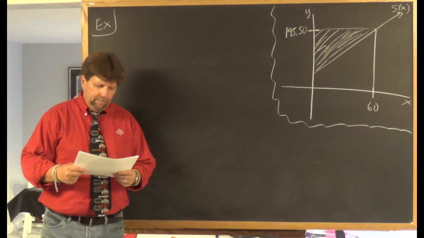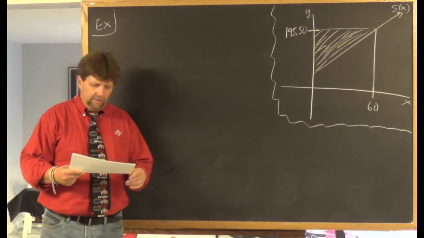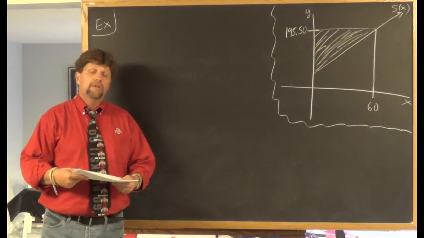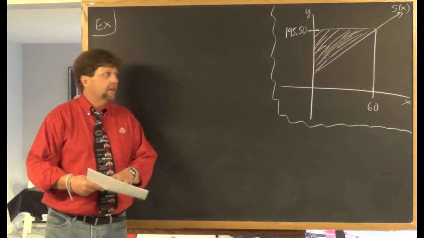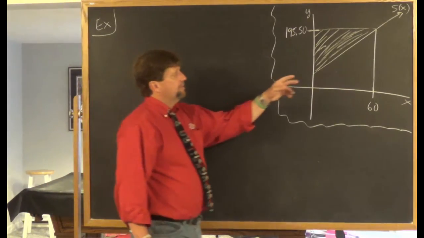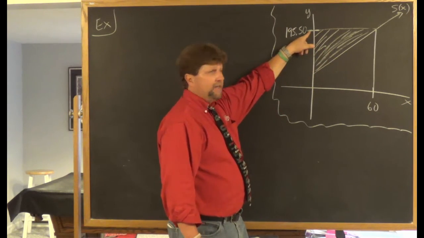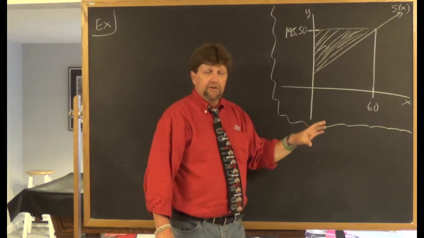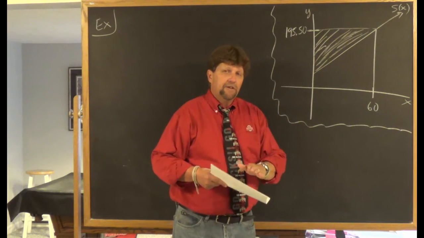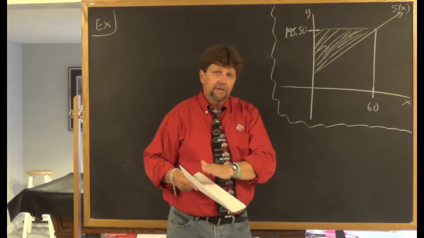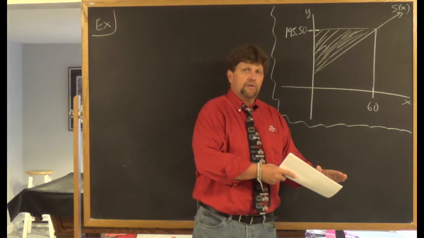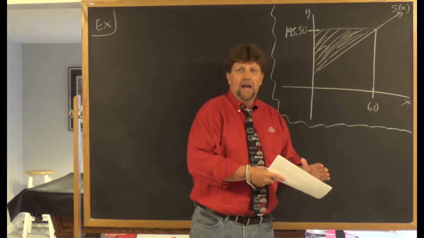All right, in this example we're asked: given the graph to the right, determine the area of the shaded region and interpret. Here's what I want you to know. Look at the area of the shaded region. This region is between the market price and the supply function. The supply function pertains to the producers of whatever the item is.